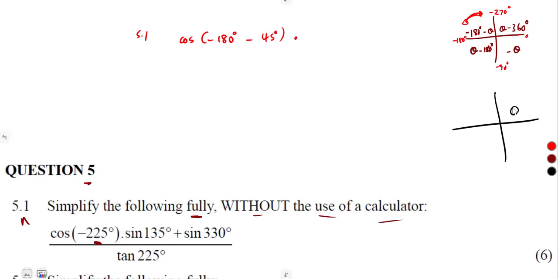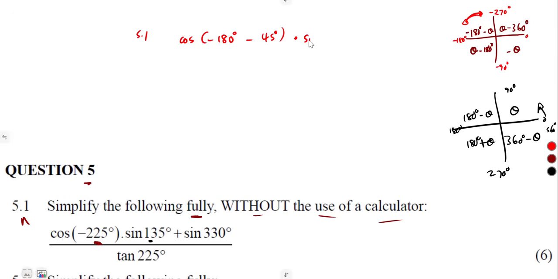Remember, positive angles, this is theta, 180 degrees minus theta, 180 degrees plus theta, 360 degrees minus theta. So we count them going this side, and that's 0, 90, 180, 270, 360. So 135 is between 90 and 180 in the what? Second quadrant. 180 degrees minus theta.